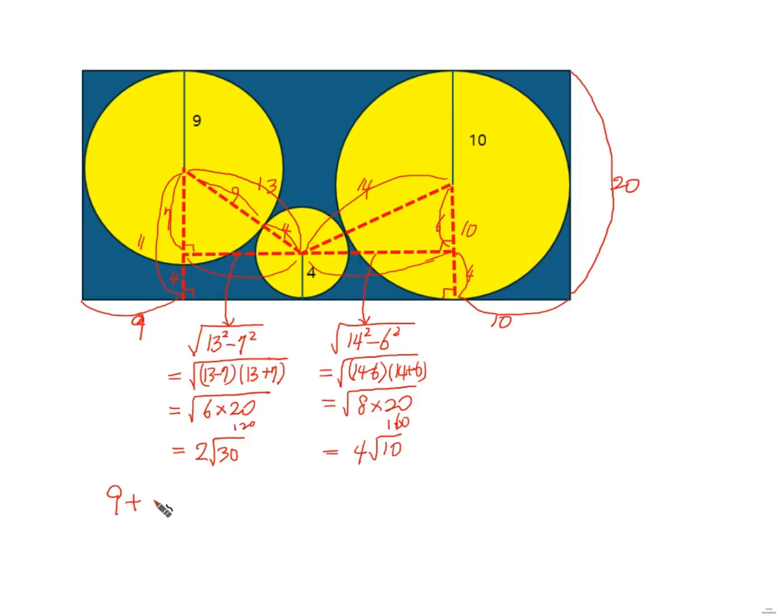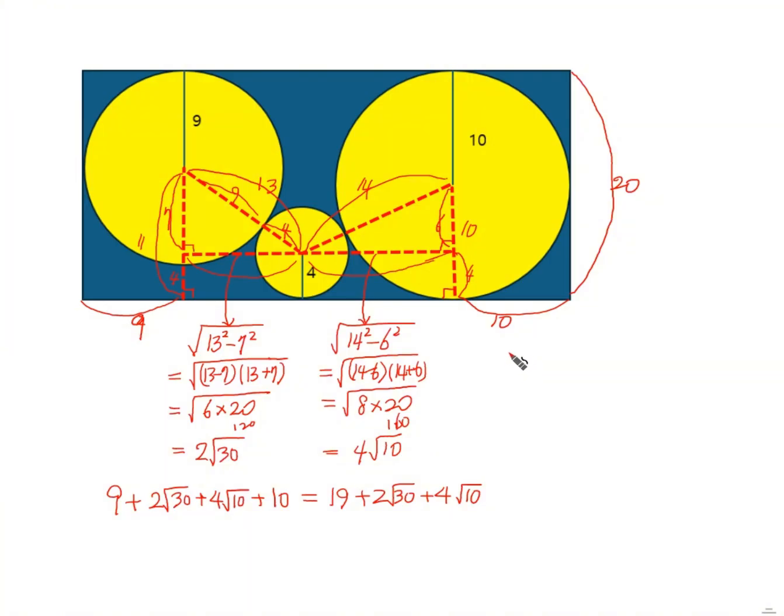9 plus 2 root 30 plus 4 root 10 plus 10 equals 19 plus 2 root 30 plus 4 root 10.